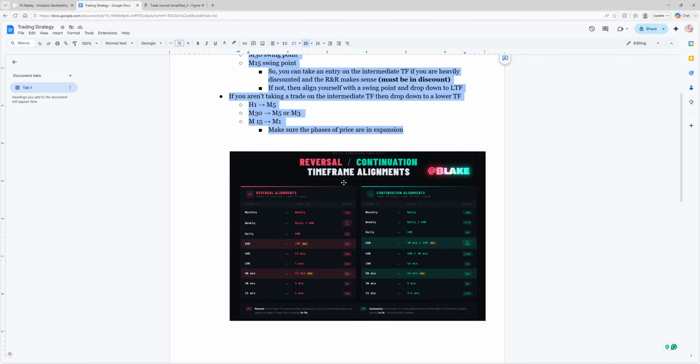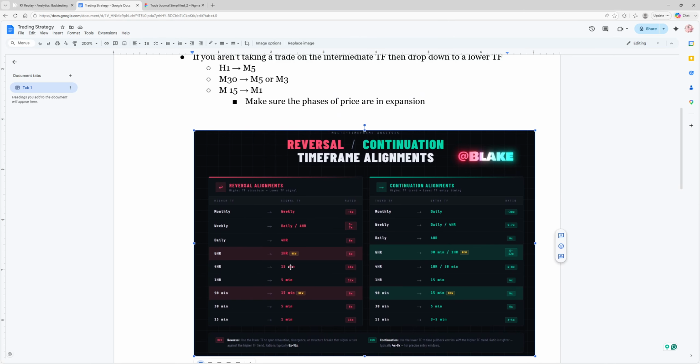Now, yes, I made a little time frame alignment chart. Let's zoom in on this. It's really cool. So we have the 6 hour. I still don't really know how to use the 6 hour, but it's probably not as necessary for me anymore because I use the 7 hour now. The reason I use the 7 hour is because I can trade Asia, London, and New York.